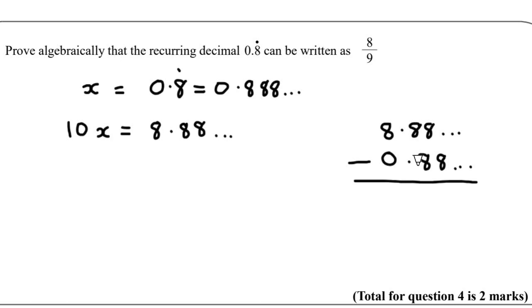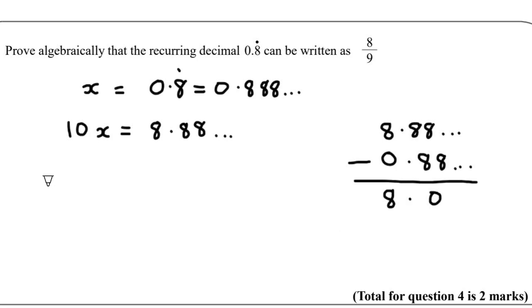Then these recurring decimals are subtracted and you get a 0 here, and 8 take away 0 will give you 8.